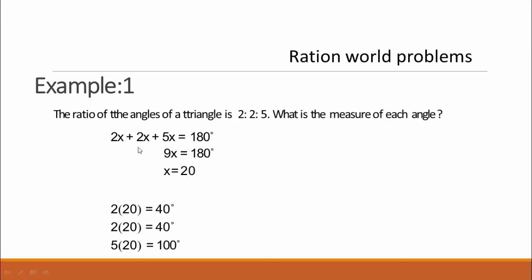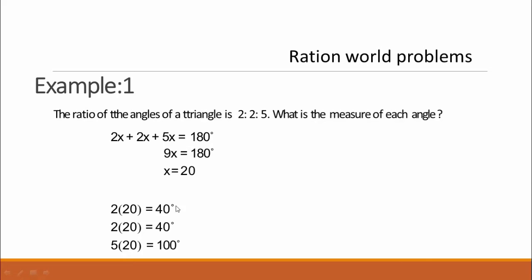Now 2x plus 2x plus 5x is equal to 9x, and 9x is equal to 180. Dividing both sides by 9, we obtain x is equal to 20. So the measure of one angle is 20.